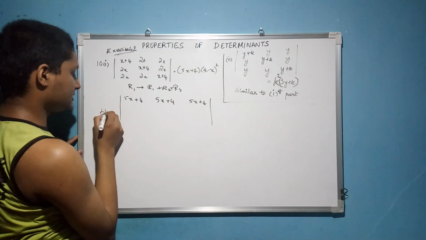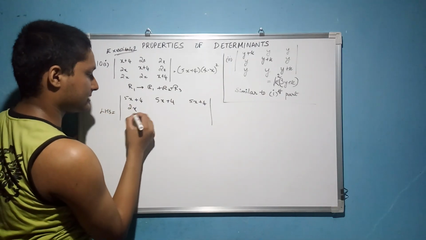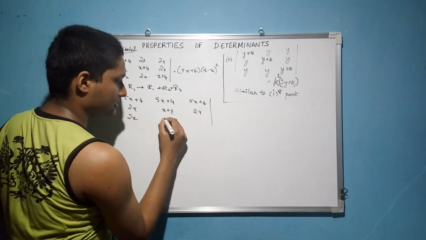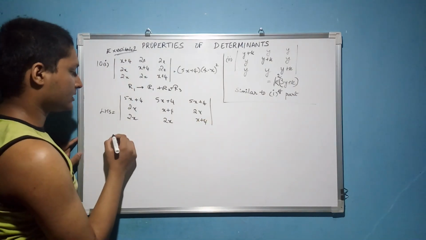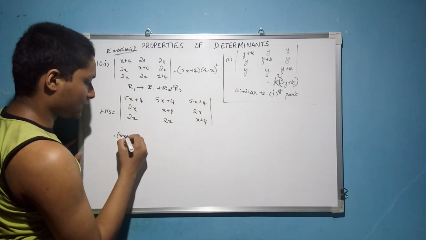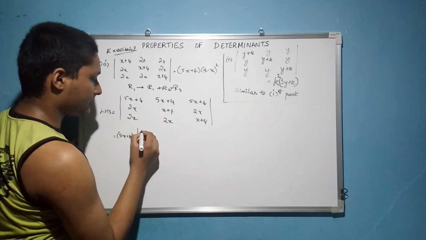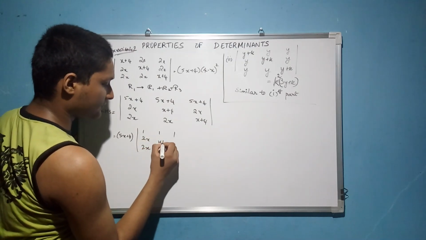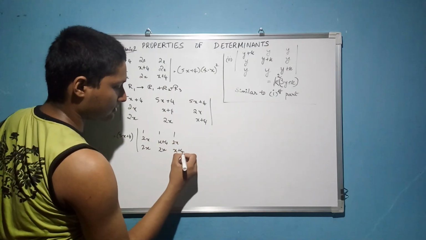Okay, then you have the same things, that is 2x, x plus 4, 2x, x plus 4. Now we are going to remove 5x plus 4 outside. If I remove 5x plus 4 outside, what we are going to get is 1, 1, 1, 2x, x plus 4, 2x, x plus 4.